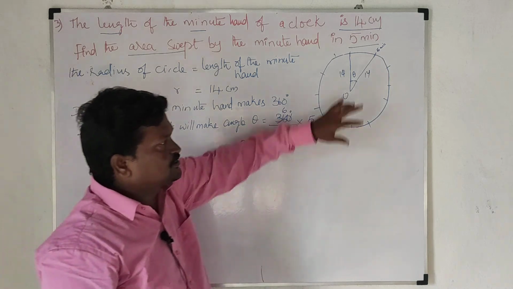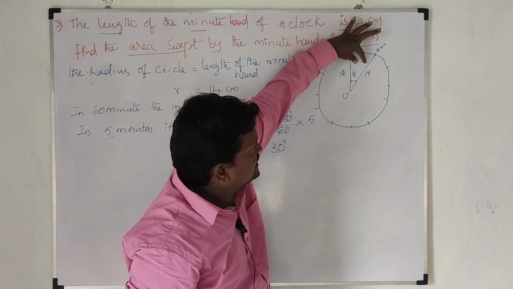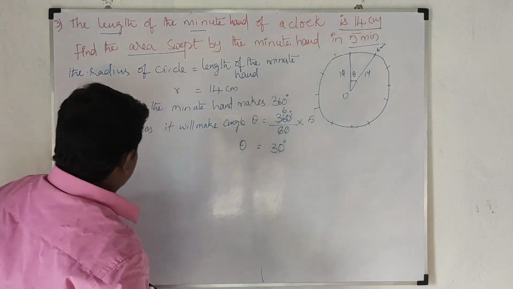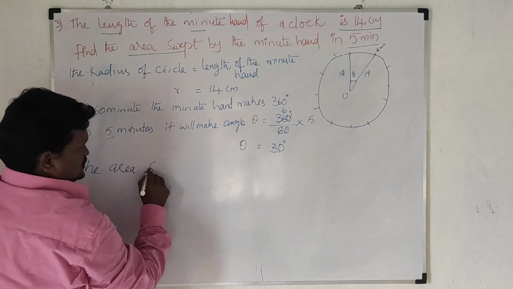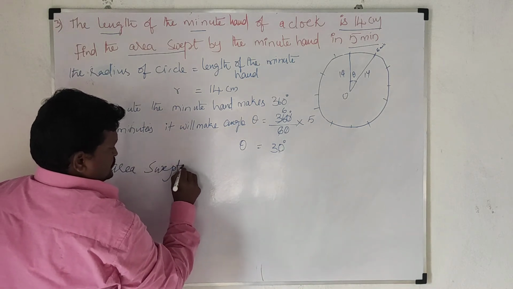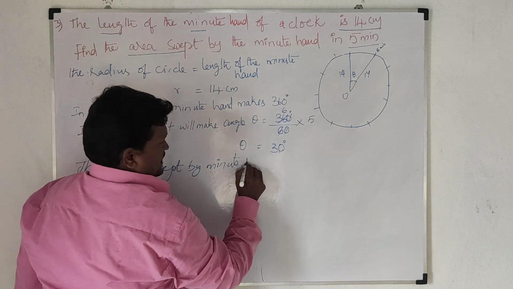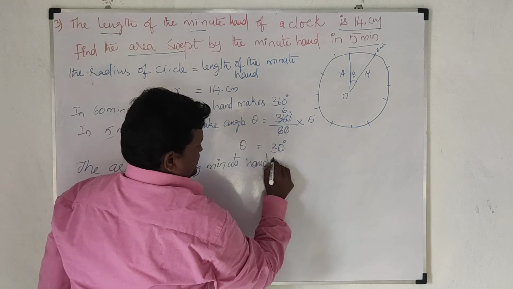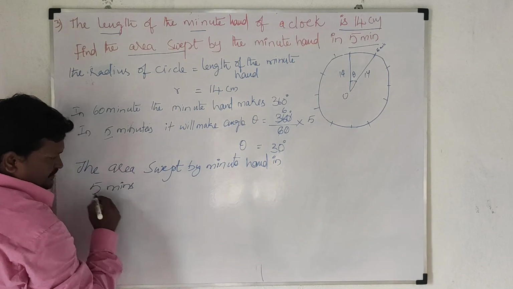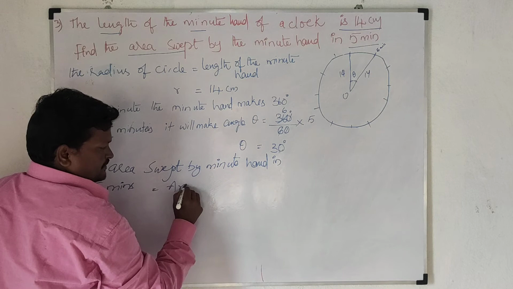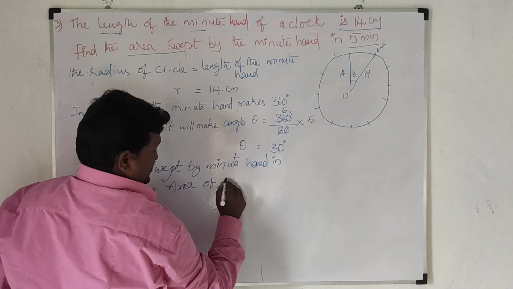Now it is very easy to find the area swept by the minute hand in 5 minutes, that is, the area of the sector. The area swept by the minute hand in 5 minutes is the area of the minor sector.